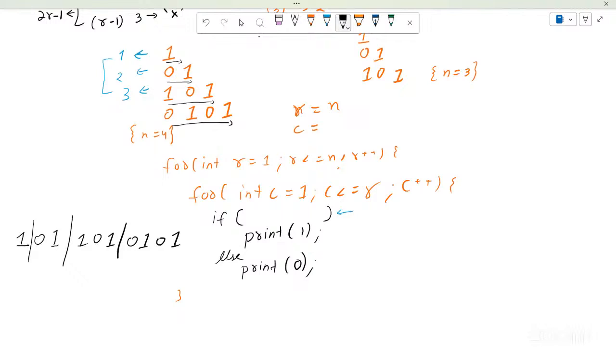Can I say that the starting value is switching from 1 to 0, 0 to 1, and 1 to 0? Correct? It's alternating. Do you agree with that?